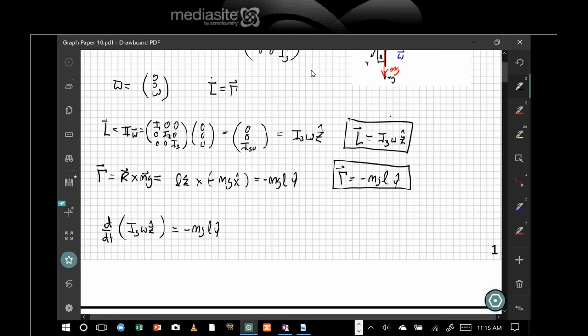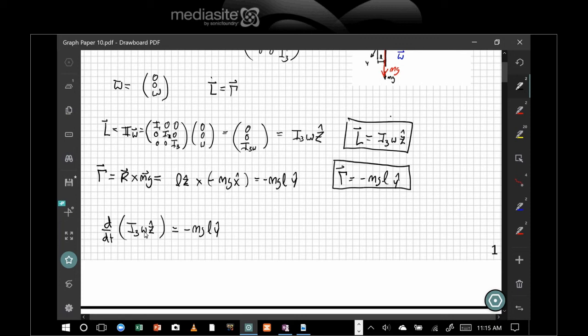If you take a look at that, think about what changes here. I doesn't change, the bike wheel doesn't change its shape anywhere. Does omega change? Well, for a weak torque, the only thing that changes omega is really the frictional force in the bike wheel itself. Gravity doesn't change it. So this is a constant.